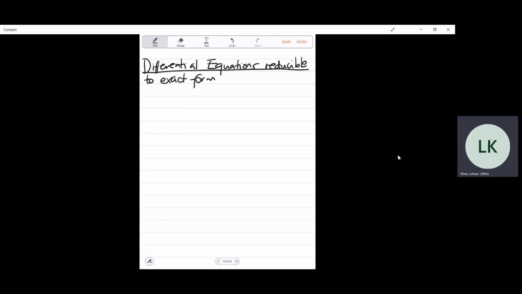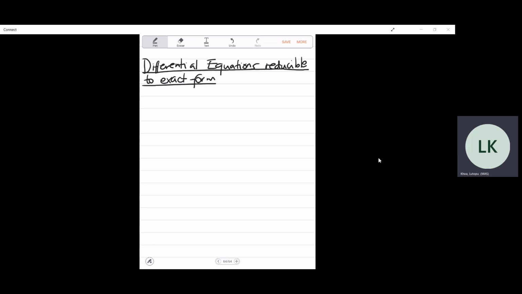What this means is that these differential equations are not exact, but we can rewrite them or somehow make them exact.